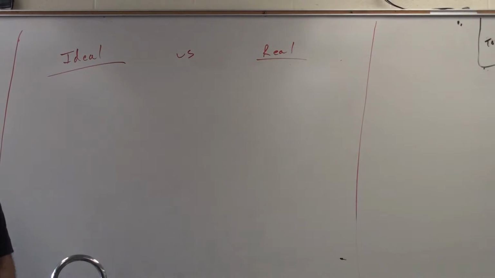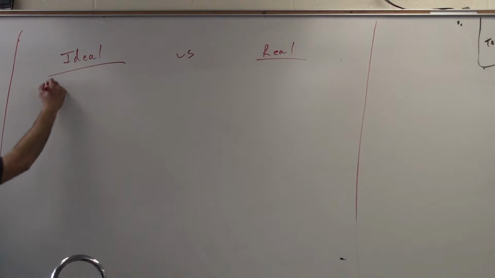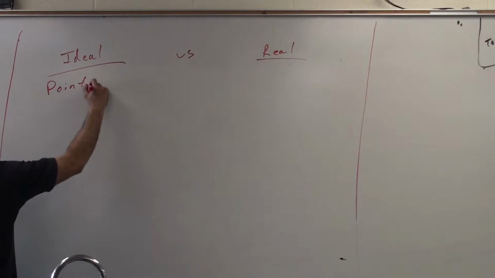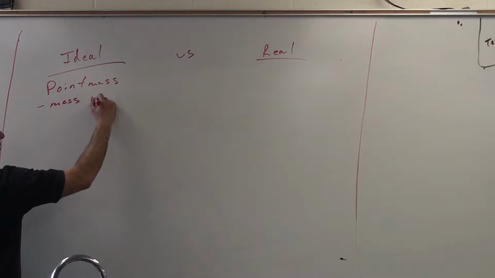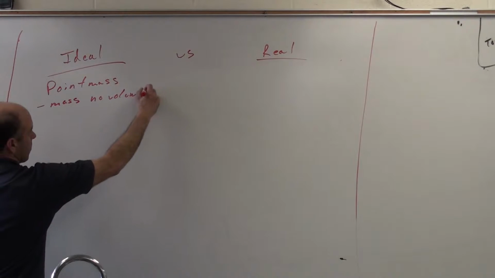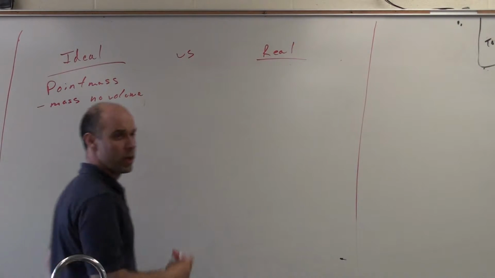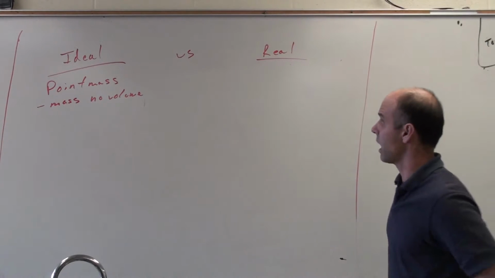So an ideal gas, we would say it's a point mass, which means it has mass but no volume. Whereas a real gas takes up space and volume.